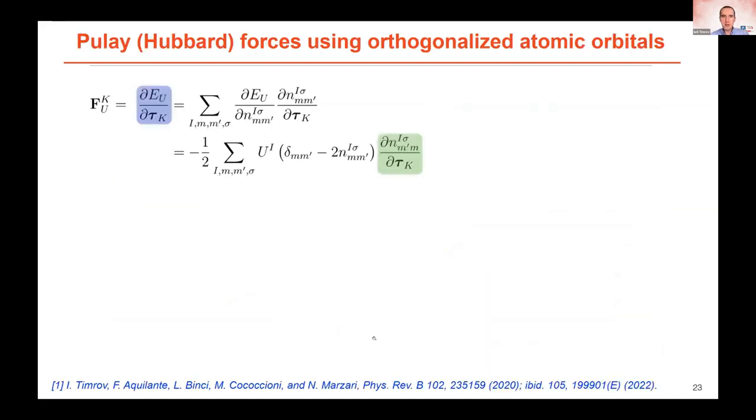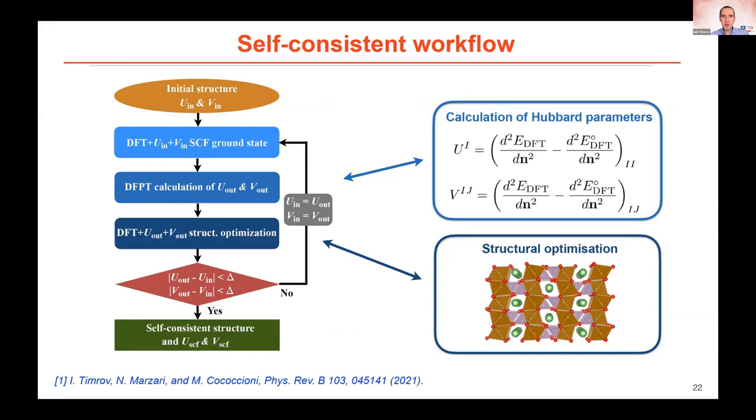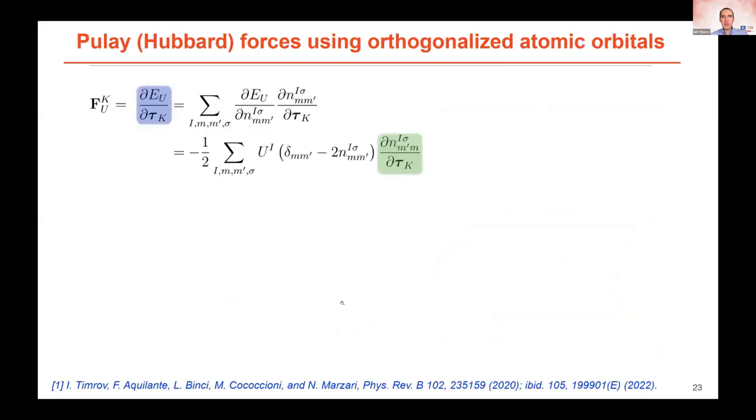So in this procedure, we need to perform structural optimization at the DFT plus U plus V level. And here this brings us to the discussion about Hubbard forces and stresses, or they are known as Pulay forces and stresses. There was a question on Slack, but I can take the opportunity to discuss it for 1 minute here.